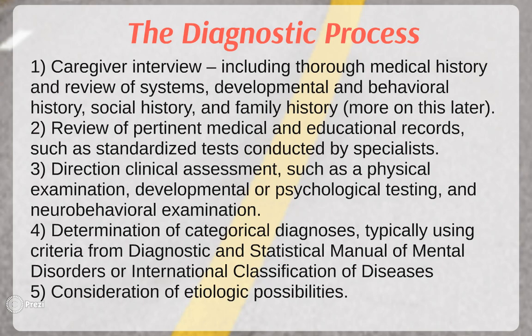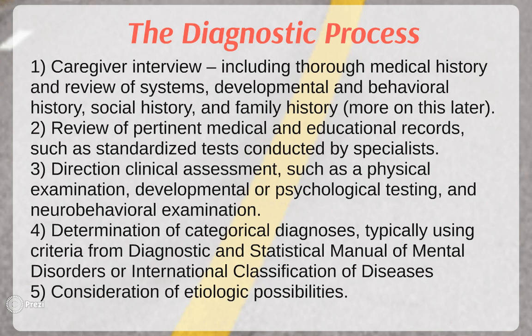Regardless of who's involved, the process should include the following elements: a caregiver interview, including thorough medical history and review of symptoms, developmental and behavioral history, social history, and family history. More on this later. Review of pertinent medical and educational records, such as standardized tests conducted by specialists.